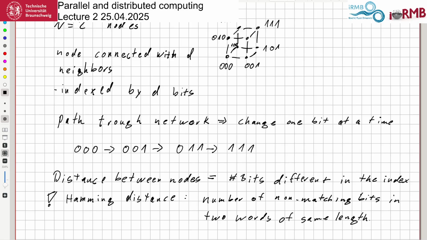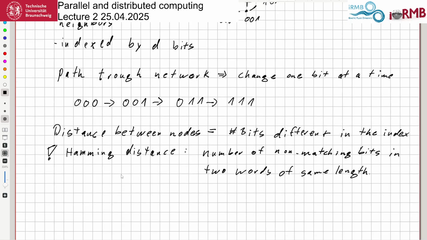So the difference between data, the number of bits that are different. And the number of bits that are different, so the Hamming distance of the indices, is the distance of the two nodes in the network.